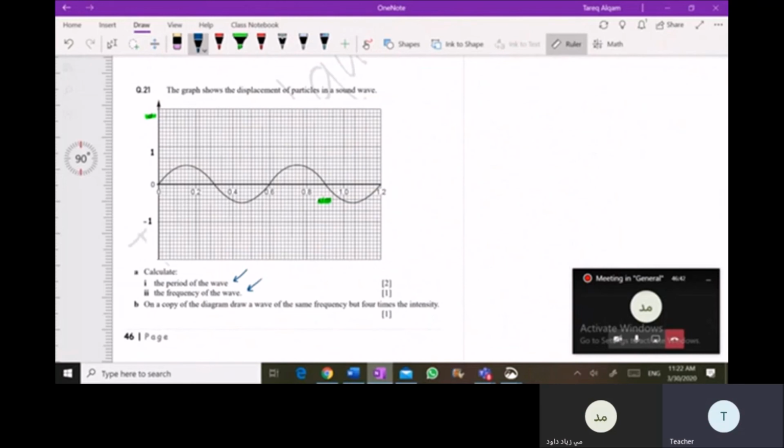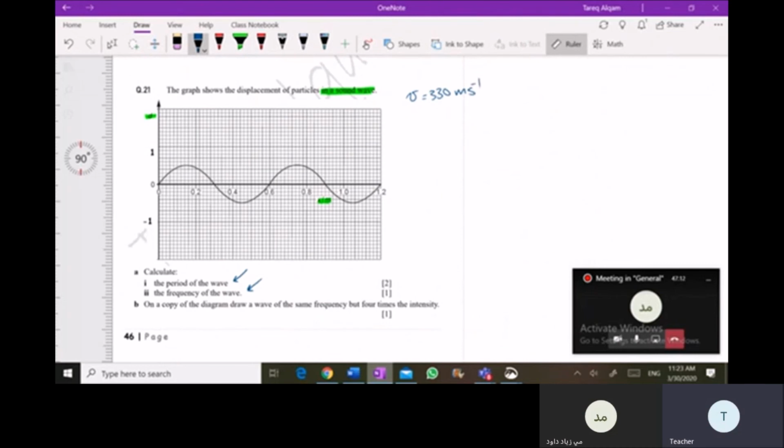In order to do this, I can't find the frequency of the waves unless I know the wavelength and the speed of sound. The speed of sound is 330 meters per second. Okay.